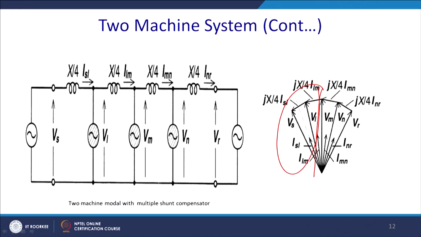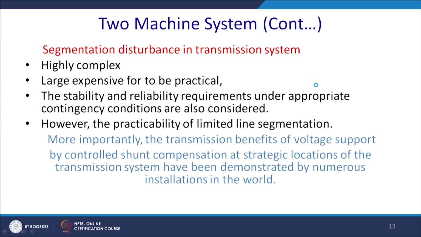So, for this reason, let us split this two machine model into 4. So, what happened then? There will be 4 segments, and you can carry on for each segment as previously done. Ultimately it will be multiplied by 4, and delta, and its power transmission will be delta by 4.